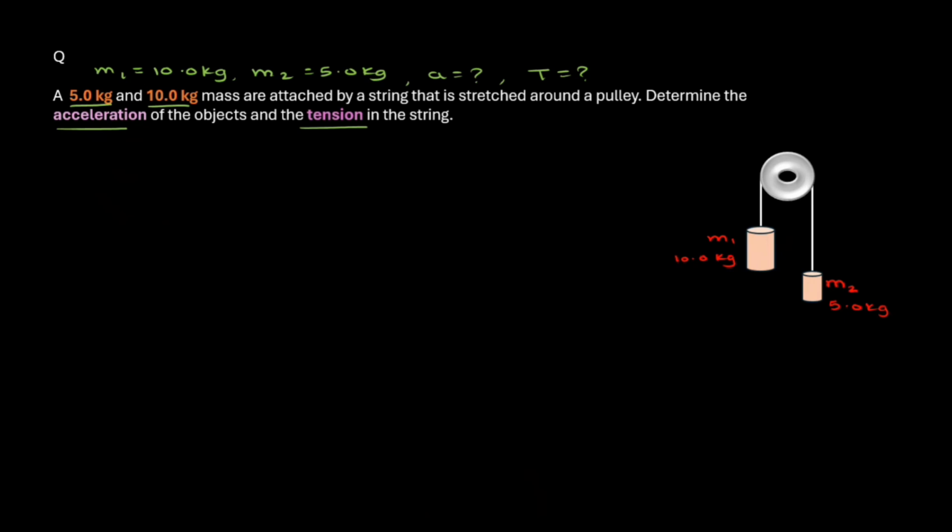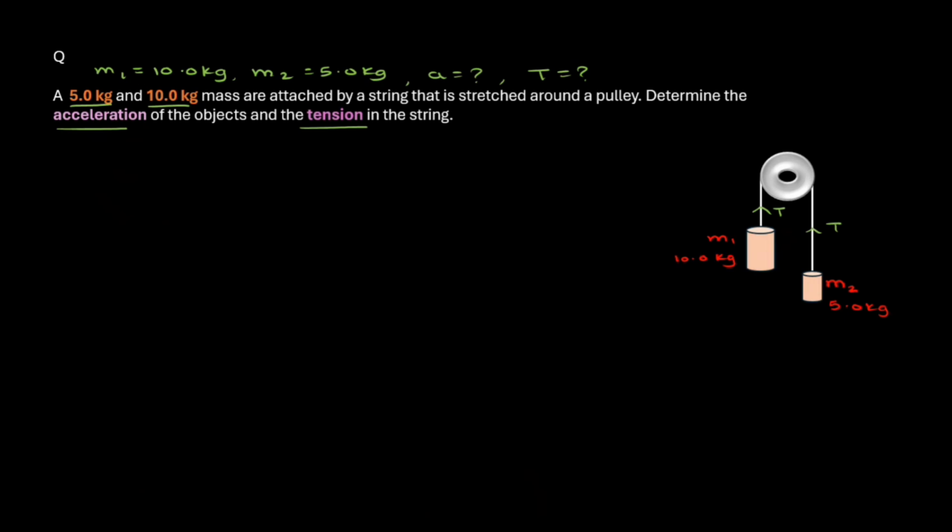Since these masses are attached by the same string, the tension force exerted on them by the string will be equal. I can show the direction of tension forces towards the suspension point, and the magnitude of these tension forces will be T. It is the same for both masses as they are both tied by the same string.